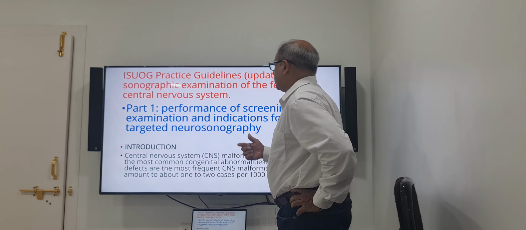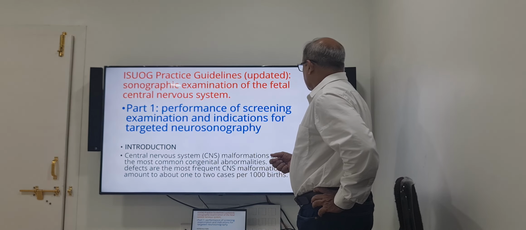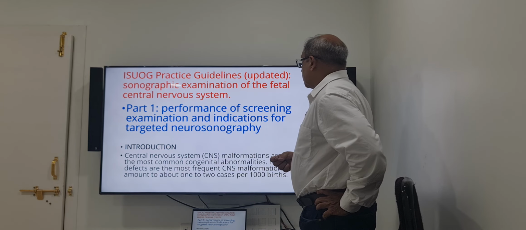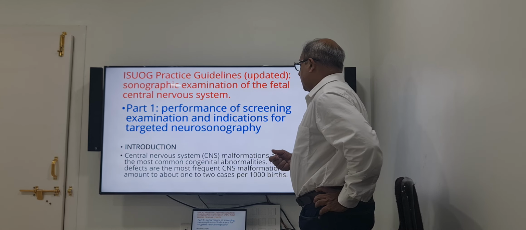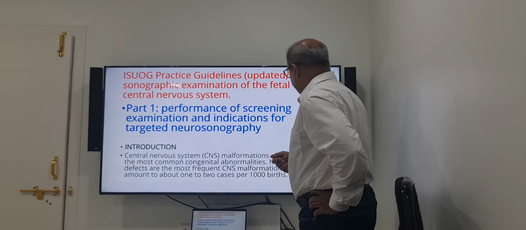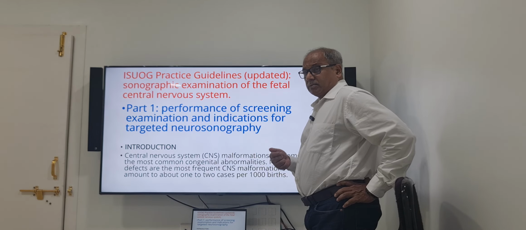The introduction: central nervous system malformations are some of the most common congenital malformations. Neural tube defects are the most frequent CNS malformation and amount to about 1 to 2 cases per 1,000 births. So it is a common thing.